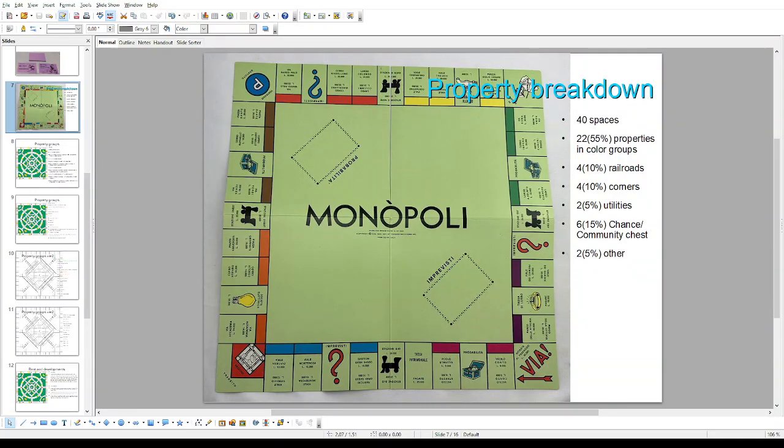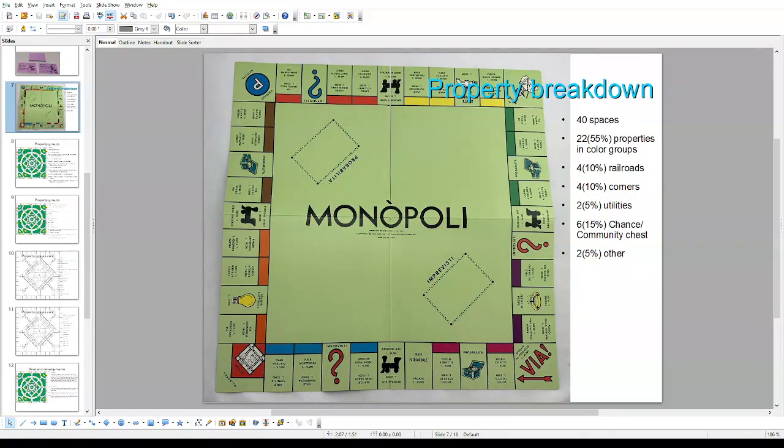So if building a house on that property is $50, upgrading from a hotel to a skyscraper, actually, you know what? I'm not sure. Looking at it again, the way it's worded, I think you're actually just paying 50 again, so it's only 600 total. For a moment there, I was thinking there would be an additional 200 for placing the skyscraper, but it doesn't look like it.